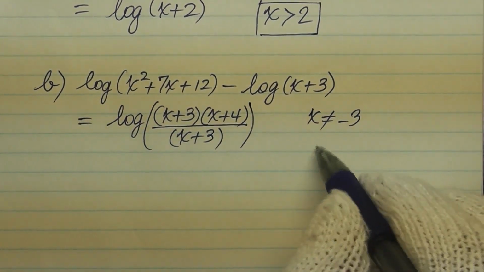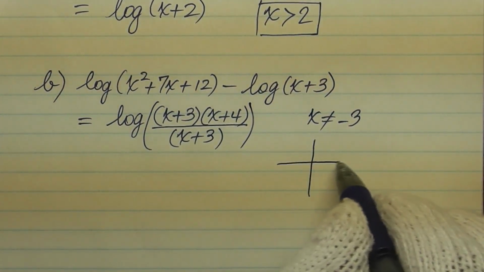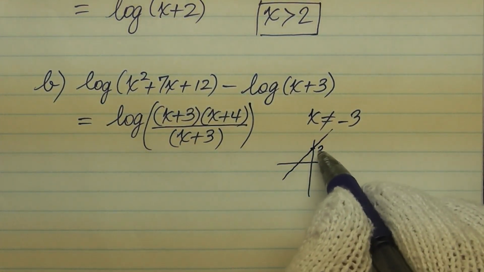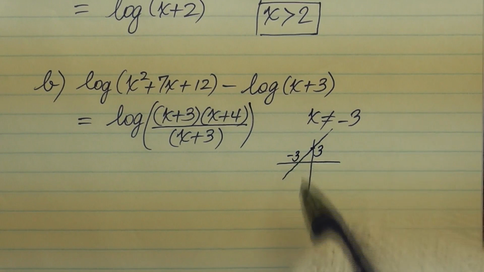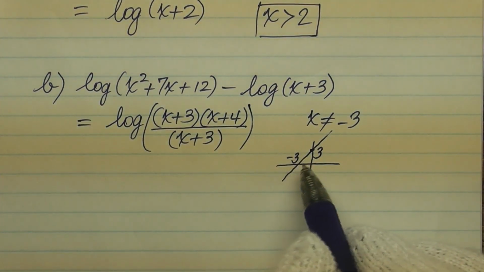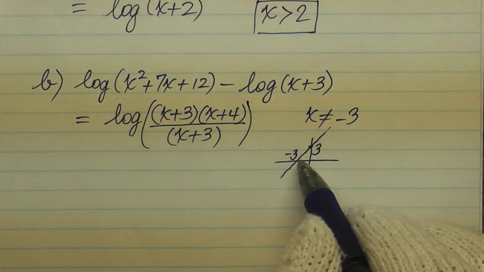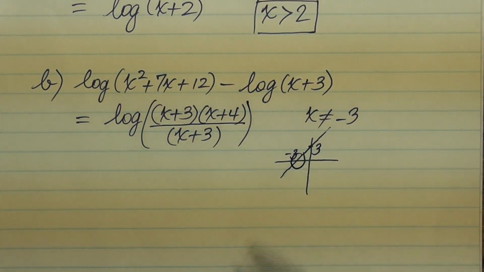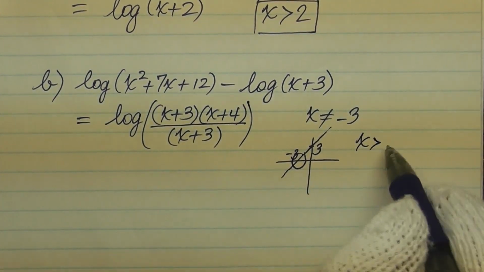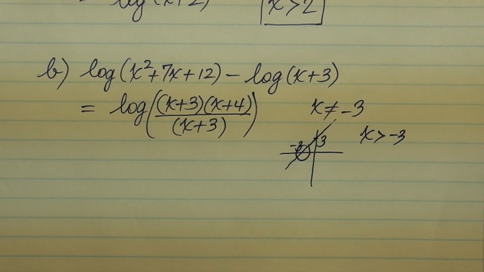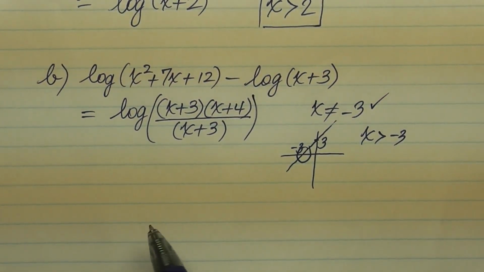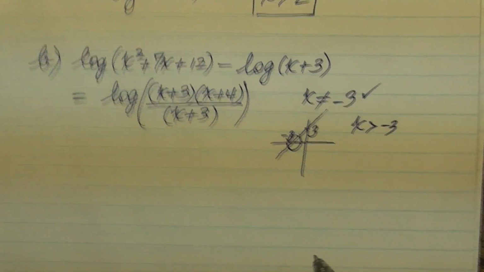X plus 3 must be positive, so let's look at that graph there. X plus 3 looks like this. That's 3, that's minus 3. X plus 3 is going to be positive whenever x is greater than negative 3. So far we've got x greater than negative 3, which satisfies this. And then we also have x plus 4.